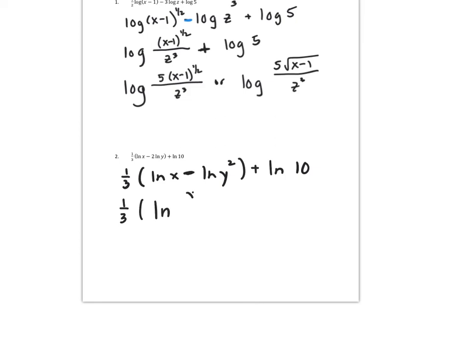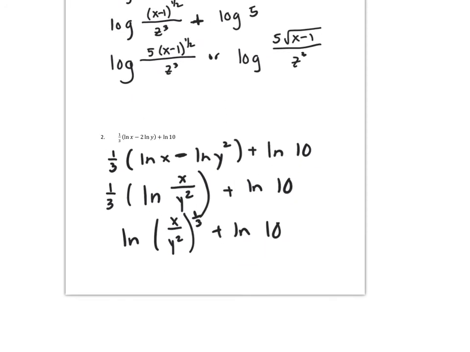That's ln of x divided by y squared plus ln of 10. Move the 1/3, we're going to move it up to be an exponent. That's ln of x over y squared to the 1/3 plus ln of 10.